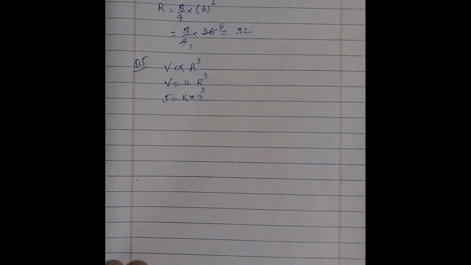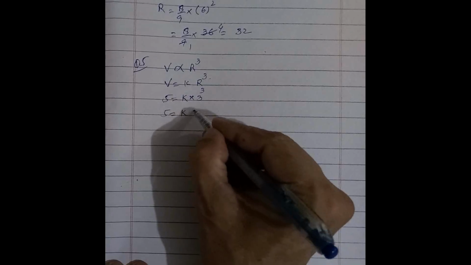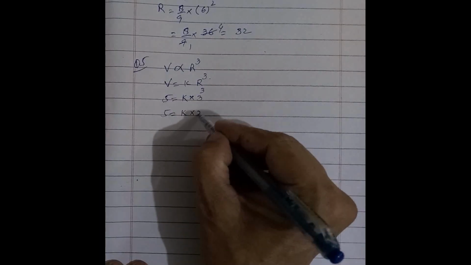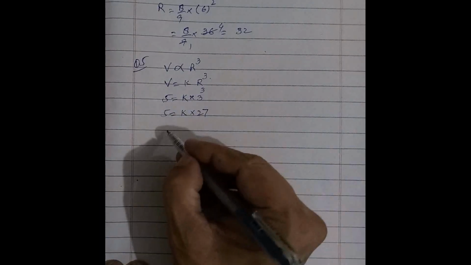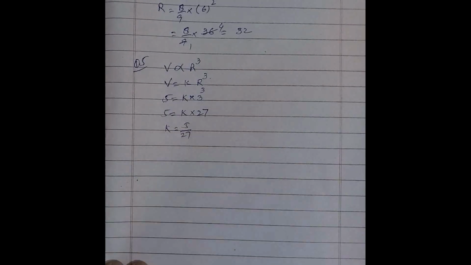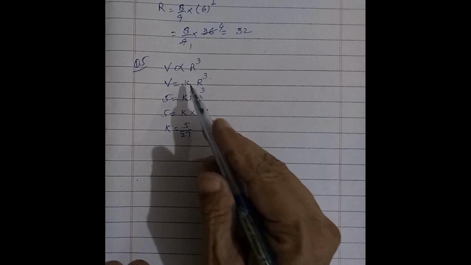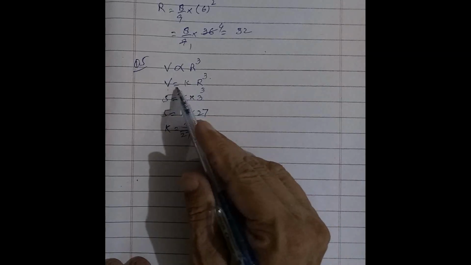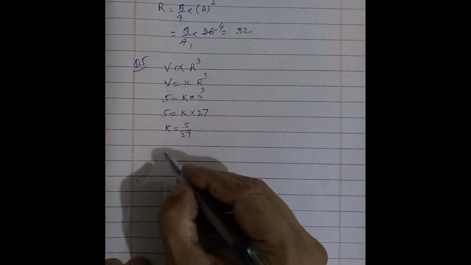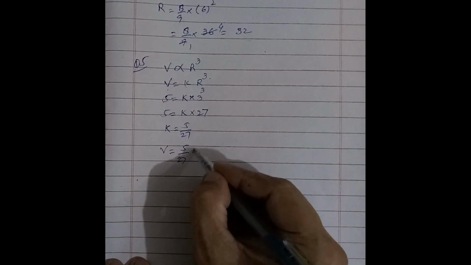Now simplify these values. We get 5 is equal to K multiplied by 3 to the power 3, that means 27, and the value of K is equal to 5 over 27. So we find the value of K, which is 5 over 27, and this value is put here. V is equal to K R cubed. We get V is equal to 5 over 27 R cubed.